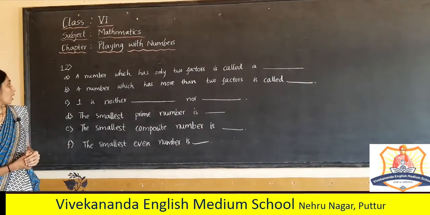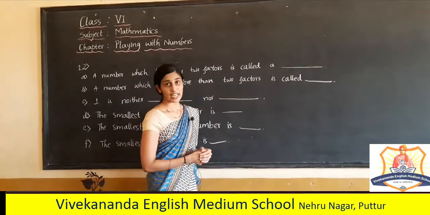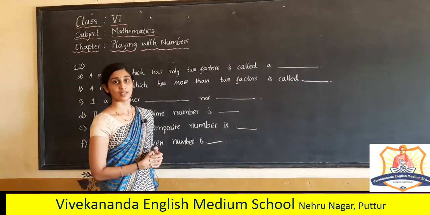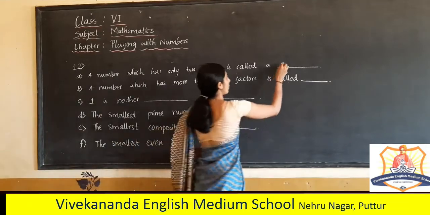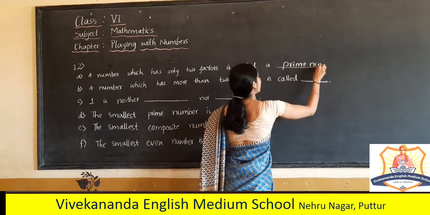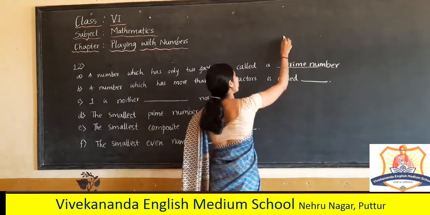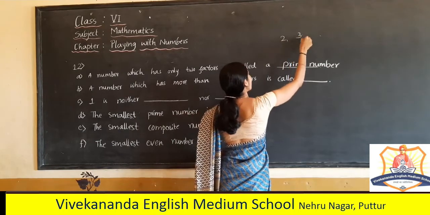First, a number which has only 2 factors is called a dash. What is the answer? Yes, of course, prime number. Example, I can give 2, 3, 5.